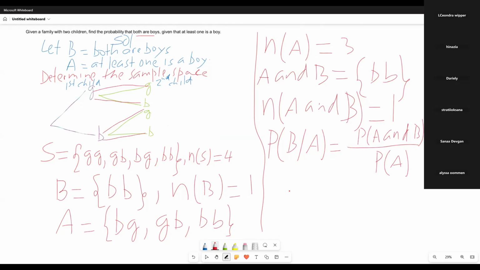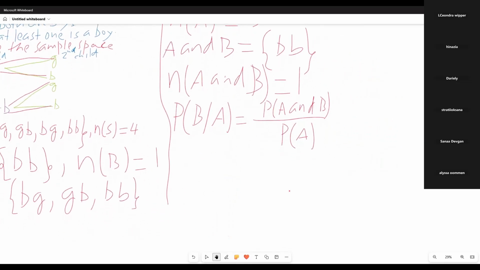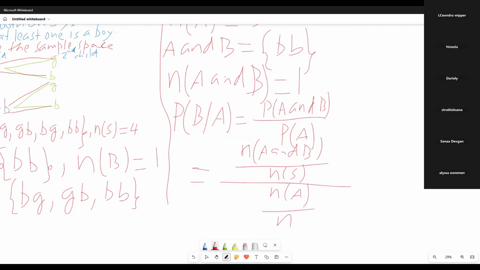Is this clear? Yeah. Now, P of A and B would be N of A and B over N of S. And then P of A would be N of A over N of S. So if you want, you can get rid of N of S here.